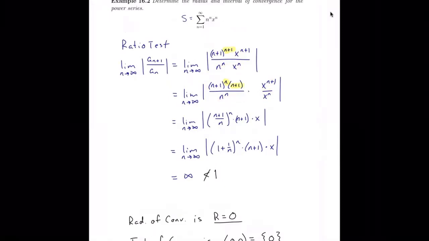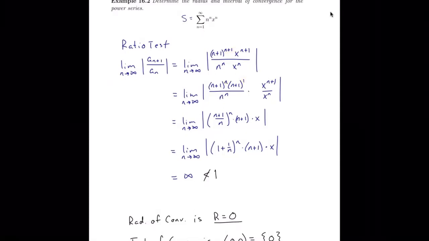That way, the exponent of this term and this term match. So if we look at this n, we realize that there's a 1 here, and then if we were to multiply these two terms together and combine their exponents, we'd have n plus 1 again. So we're just being a little tricky with exponents here.